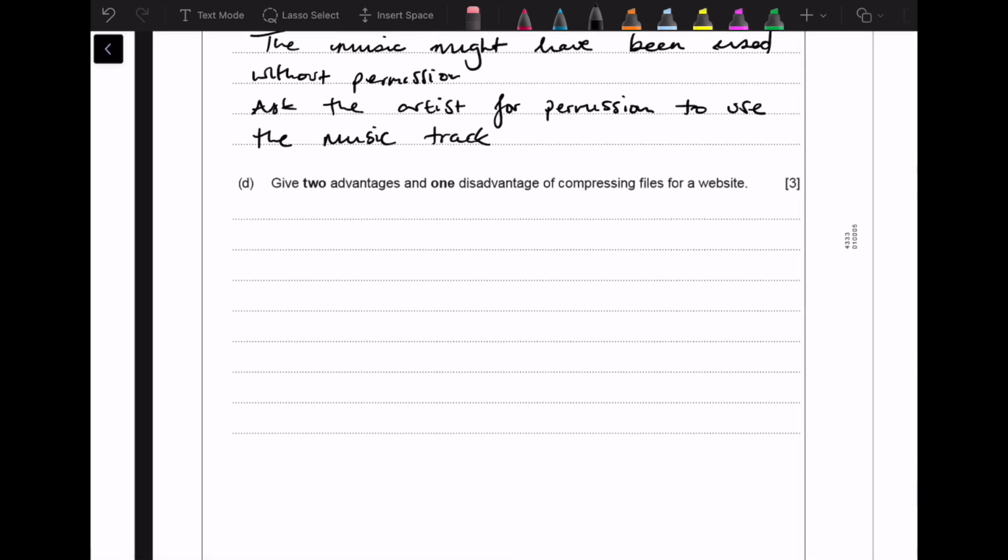Okay, next one. Give 2 advantages and 1 disadvantage. Now, if you look here, these are important, right? So it's worth 3 marks in total, so you need to put 3 things. So the advantages of compressing files, obviously it's saying give. So what I'm going to do with this one is I'm just going to write it as a plus. So this is the advantage here. It's faster to upload files to the website.